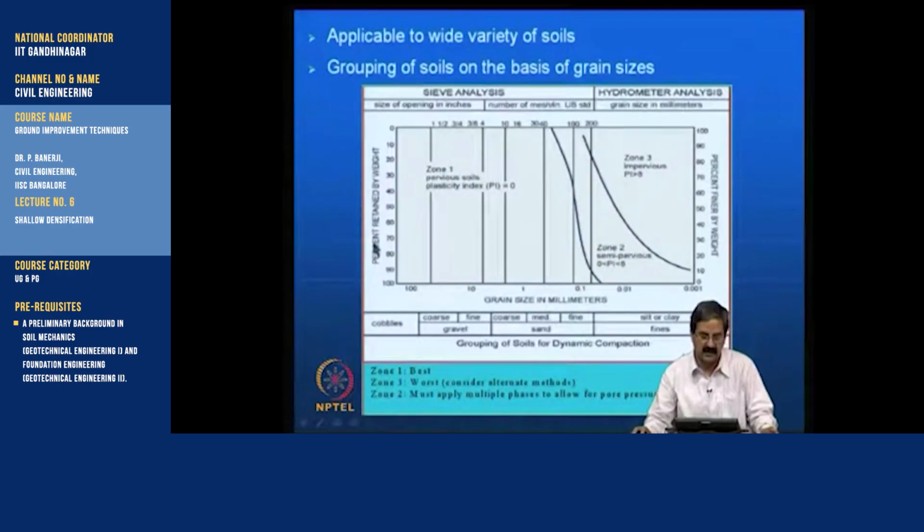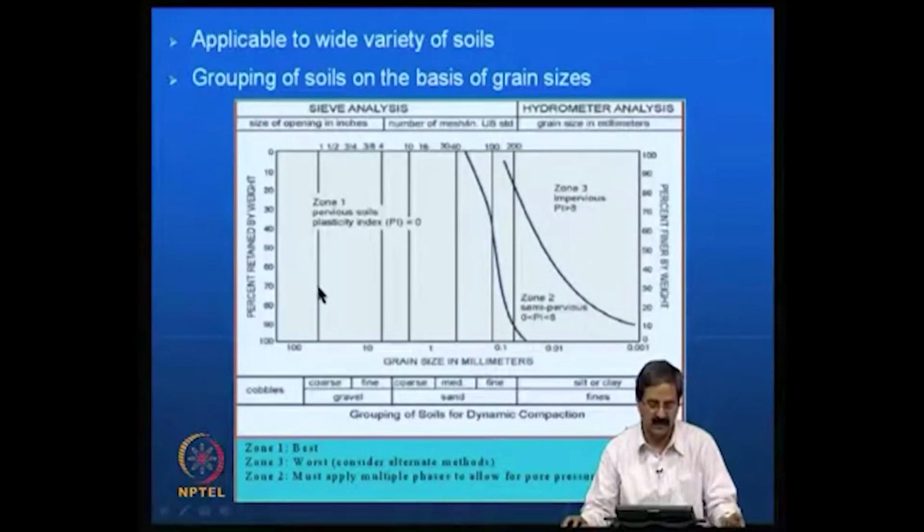Say for example, here you see that this is zone 1, and the soils are supposed to be pervious here, and plasticity index is in the 0 range, like cohesive, non cohesive soils, and then the grain size distribution is reasonably bigger. We think that the materials in this zone are best suited for ground improvement by dynamic compaction.